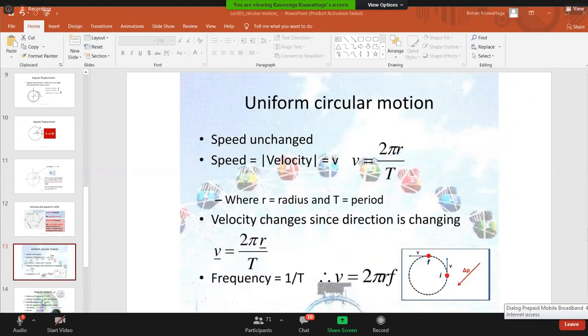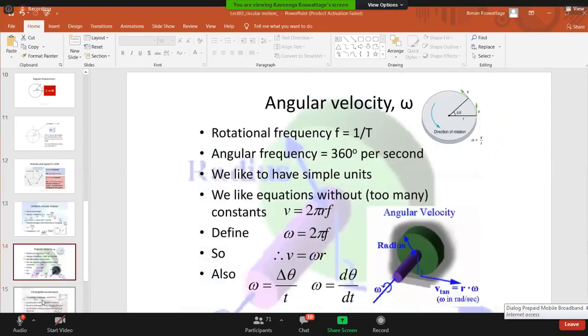And then we can define one parameter, so-called angular velocity, defined as omega. In physics, angular velocity refers to how fast an object rotates, or we can say revolves, relative to another point.